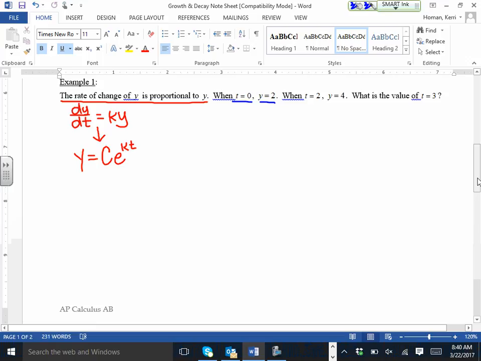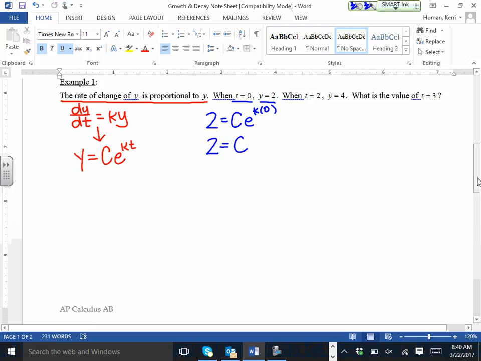Because what is e to the 0? One more. e to the 0 is 1. So, if we say y is 2 when t is 0, you just told me e to the 0 is what? 1. So C is 2.